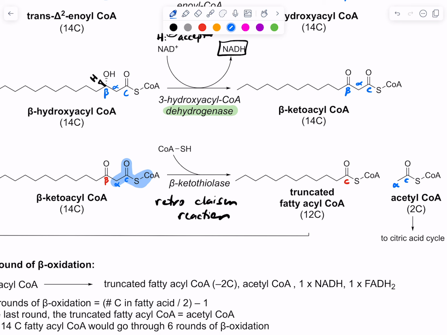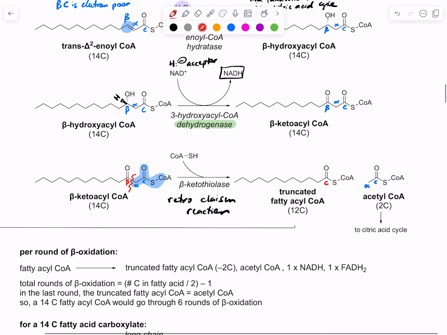So we're going to break the bond in this step between alpha and beta carbons. We're going to clip off a 2-carbon unit of acetyl-CoA that's going to go to the citric acid cycle. And then we'll take our 12-carbon unit and go straight back to the beginning.